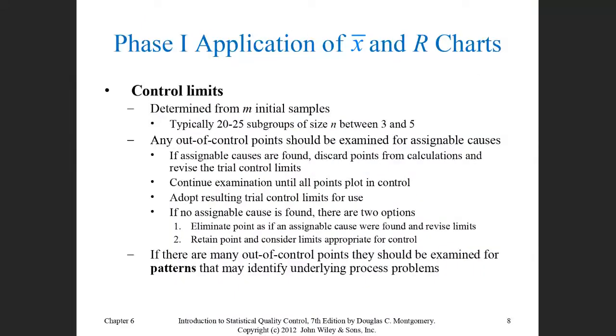So let's go over some conditions and instructions needed when we implement an X bar R control chart before we go to the example. Those are important, very, very important. You need to know them, highlight them, and read them very well. When you decide on selecting the control chart for variables, we follow the sample size.